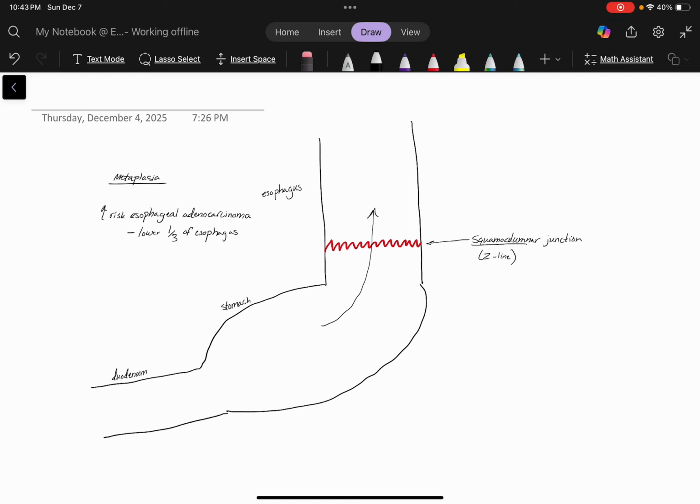And the reason that happens is because they're better suited to deal with the acid reflux, okay? And another thing that's important to know is that Barrett esophagus can eventually lead to dysplasia, which increases your risk for esophageal adenocarcinoma. And another very important thing to note is that the esophageal adenocarcinoma primarily affects the lower 1/3 of the esophagus, okay?